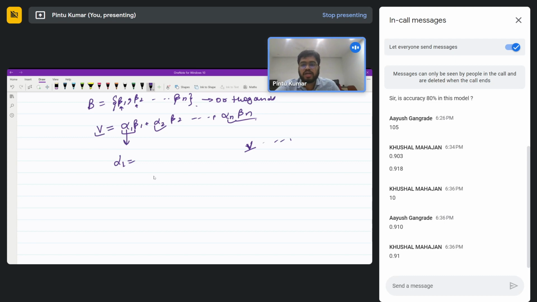Let's say you are writing v in terms of these vectors. It is the dot product of v with beta 1 divided by the norm of beta 1 squared. This is the formula you can use straight away. Why do we do that? I'll come to this.